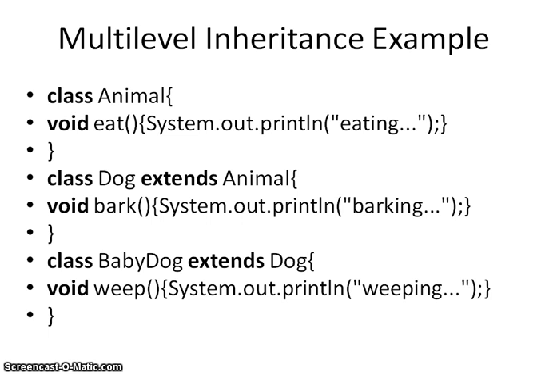Next class, the dog class, extending the animal class. Here the next class, baby dog, has to extend the dog class. Then only it is called multi-level inheritance. In the animal class I am printing eating, in the dog class I am printing barking, and in the baby dog class I am printing weeping.